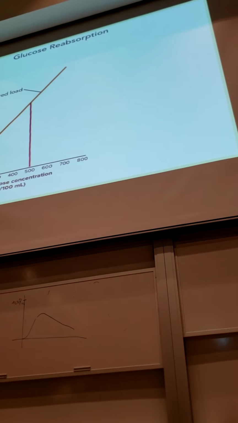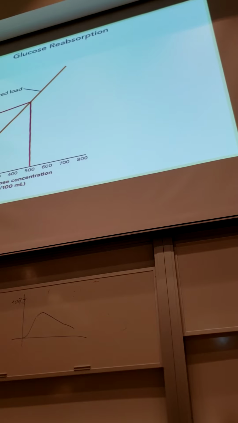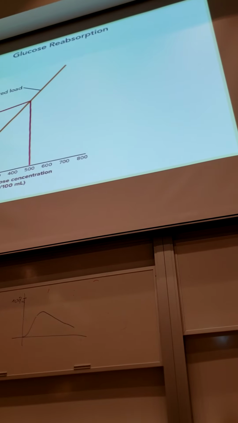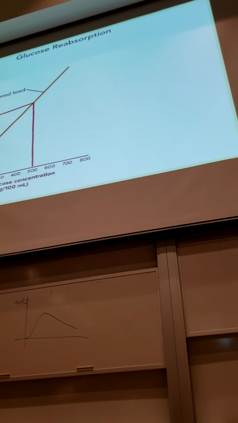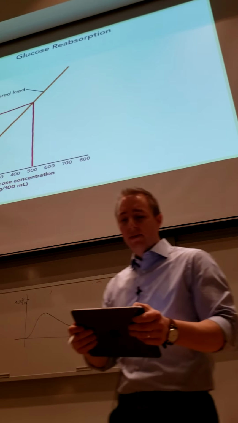Maybe my chart needs adjusting. I'm drawing airplanes. It should be 1-to-1. My line is a little bit off, but you get the idea. There's a linear relationship here. As much glucose as is in the blood is going to be filtered. So a filtered load just simply means how much of that substance gets put into the tubular fluid inside of our nephrons.